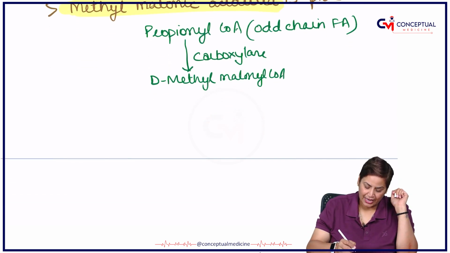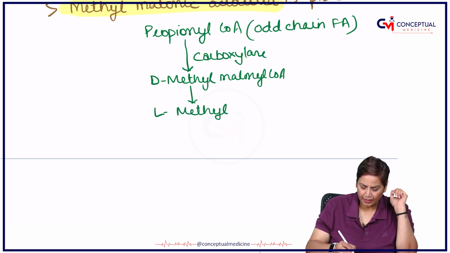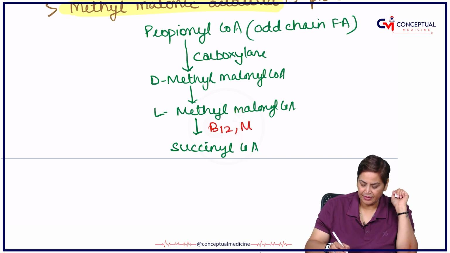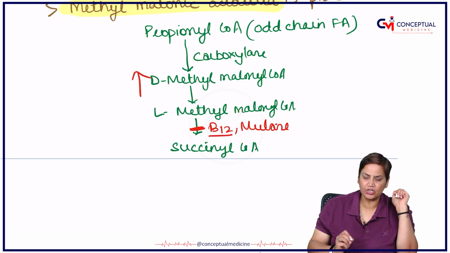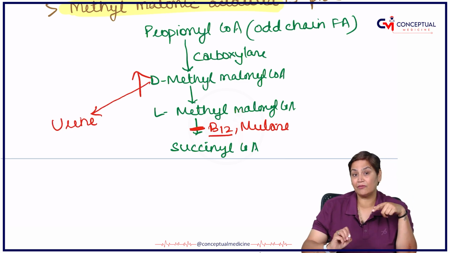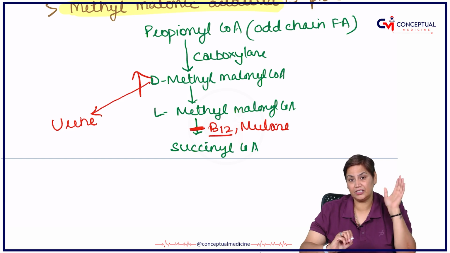And this methylmalonyl CoA forms L-methylmalonyl CoA. Right, and this L-methylmalonyl CoA forms succinyl coenzyme A. And this reaction requires B12 and the enzyme is mutase. So if B12 is absent, it will lead to increased concentration of methylmalonic acid in urine and the patient will suffer from methylmalonic aciduria.